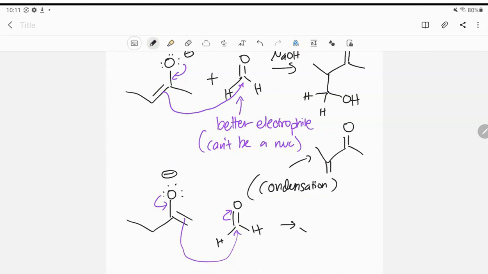And in this case, we're going to now have our bond over there. And if we were to make the condensation product there, we could do that. But this one is going to be a minor product. This will be our major product here.